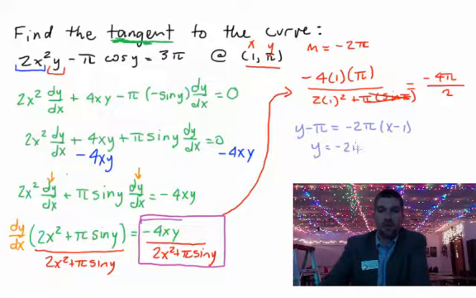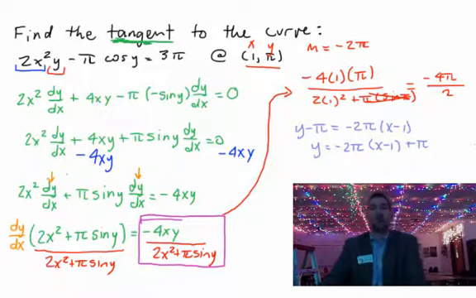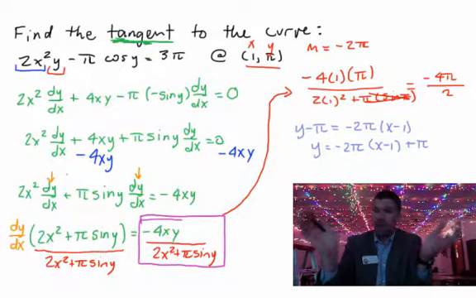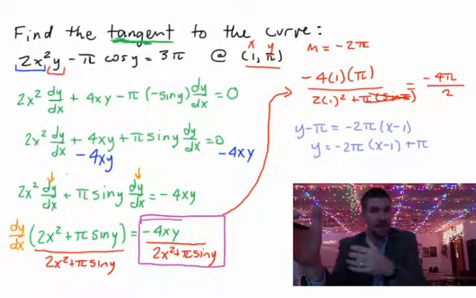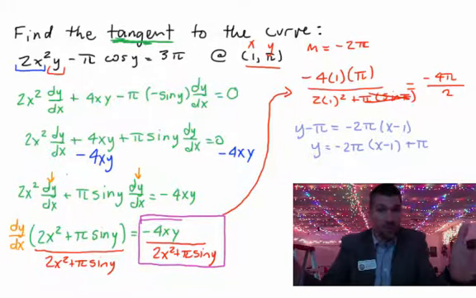There's no need to distribute. I know exactly what this equation looks like, and I can graph it without a problem. You don't need to write it as just y equals blah, blah, blah. If you want to do that and reduce it, I don't have a problem with it, but I am not going to make you do it. Okay? So there's finding the tangent line to a curve using implicit differentiation.